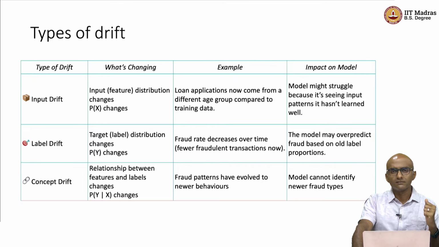Let's say you're building a regression model, and for whatever reason, you are very comfortable with linear regression. So you go ahead and build a linear regression model. One of the most damning assumptions of a linear regression model is that the variables are not correlated, or even if they're correlated, they are linearly correlated, right?